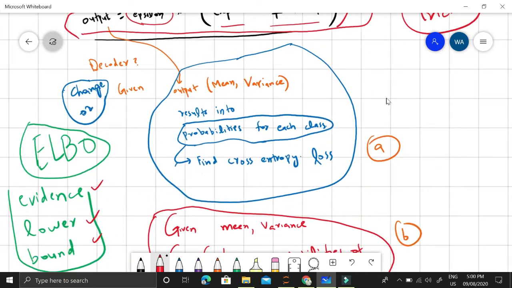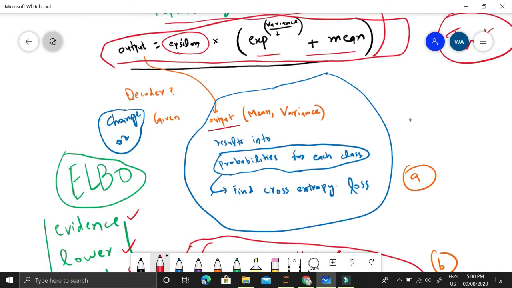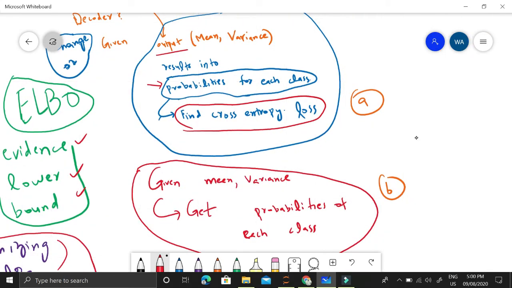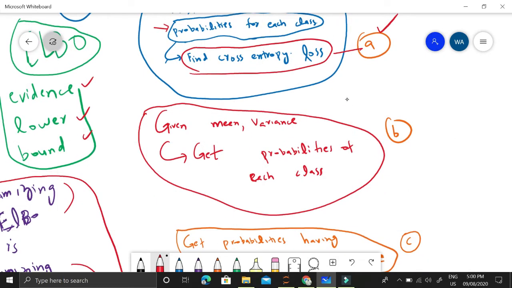Okay, now using this output, we will apply this generative network to predict the probabilities for each class, and then using these probabilities we'll find the cross entropy loss. Let's call this whole process A, finding this cross entropy loss. Then, given mean and variance, we find the probability of each class under this normal distribution, but we will be working with the log normal distribution because it's much easier to work with, and it also does not affect the minimization or maximization.